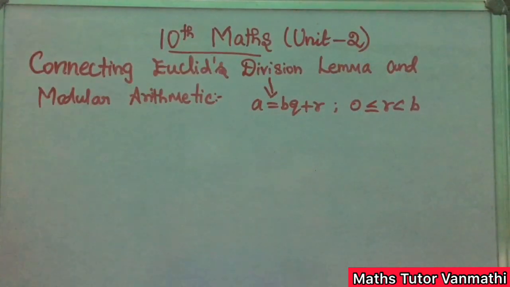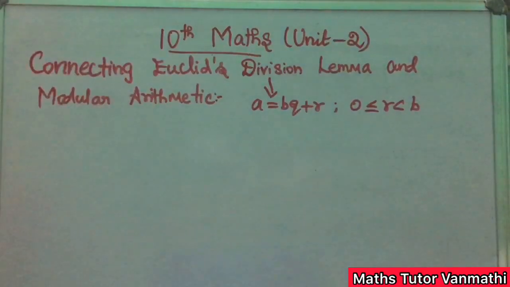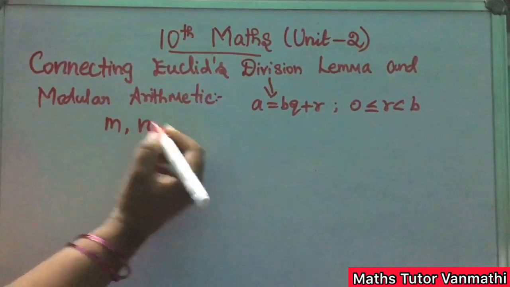Now we are going to connect Euclid's division lemma and modular arithmetic. So we are taking two integers m comma n.